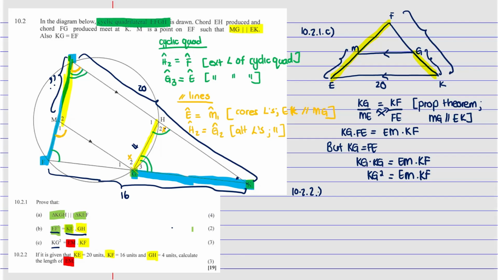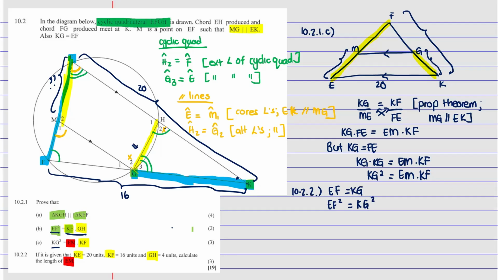But what do we know? We already know that EF is equal to KG. And if we square both sides, EF squared is equal to KG squared. Does that make sense? So those two are equal to each other. Yes, ma'am.